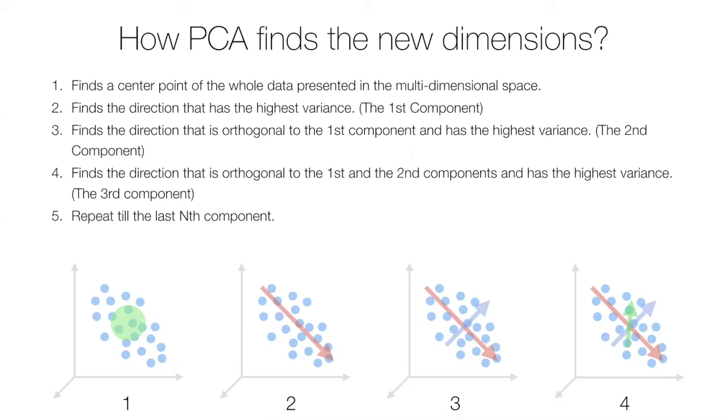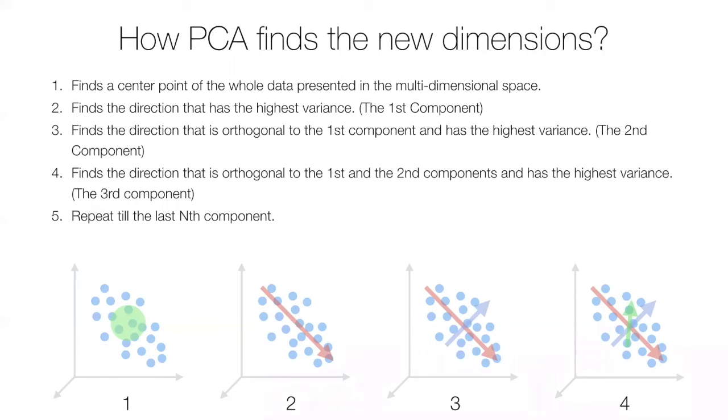Think of it on a two-dimensional space: it goes 90 degrees. But in this case, if you think of it as three-dimensional, it can go 360 degrees. So you find a 90 degree direction to the red direction, but still you can go in many directions. So now, you try to find the direction that has the highest variance, and that becomes the second component.